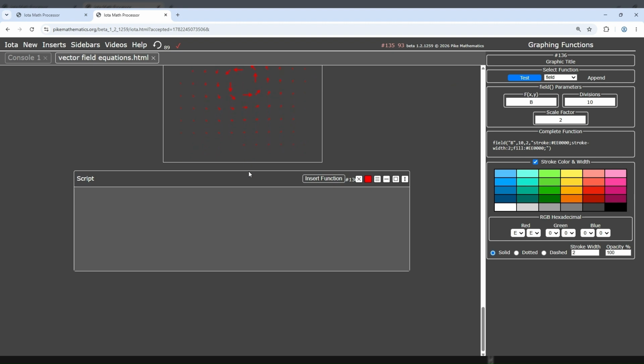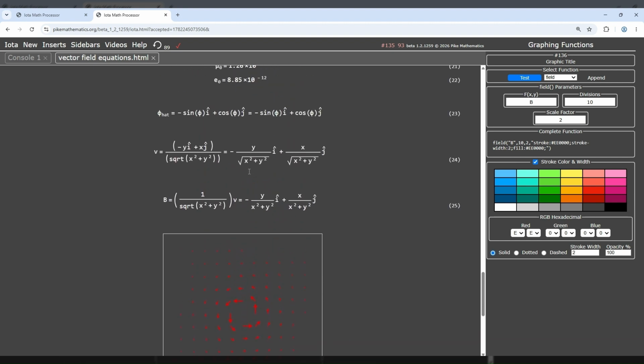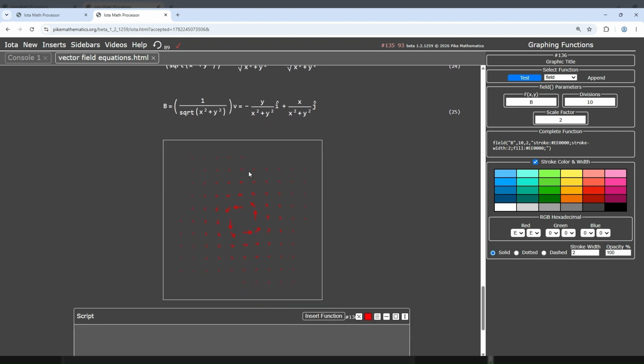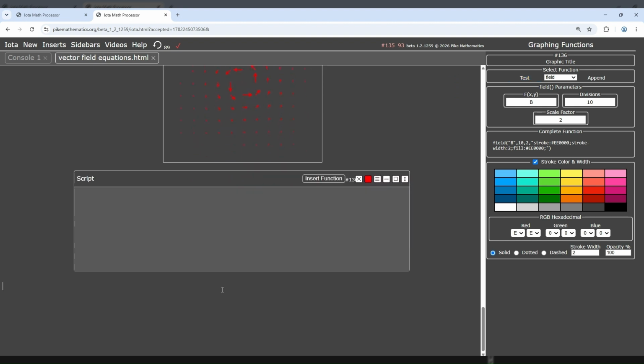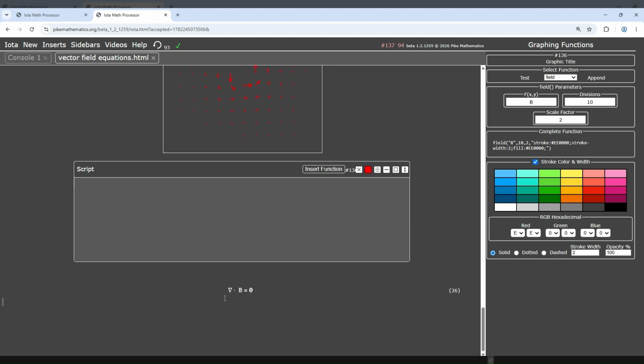Okay, let's take a look at something else here. We've figured out the magnetic field around this wire. What happens when I take the divergence of this magnetic field? There you go. It's zero.